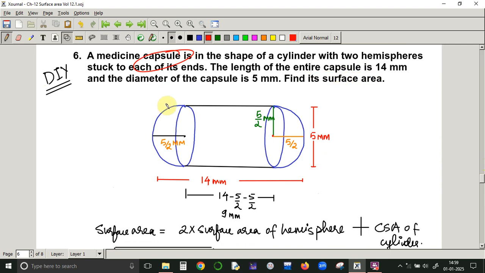So this capsule's total surface area is the curved surface area of this hemisphere, and the same hemisphere is on this side also. So we will find the curved surface area of one hemisphere multiplied by 2. Then we have to add this surface area, the CSA of the cylinder. So we will be adding 2 pi r h.